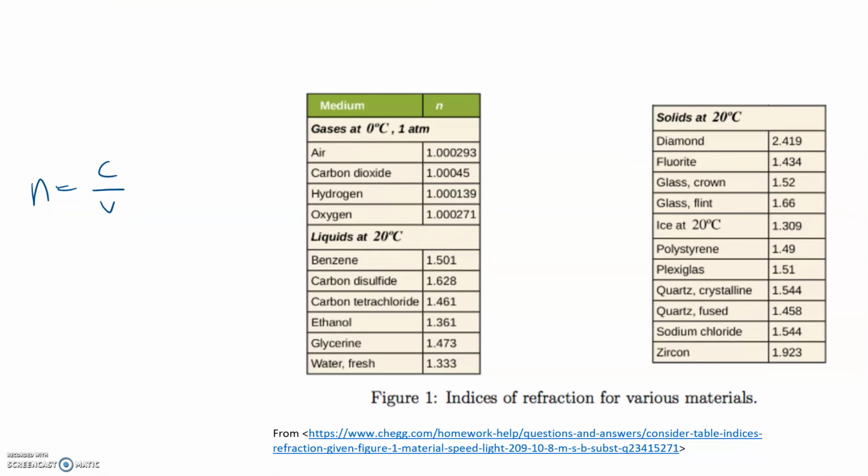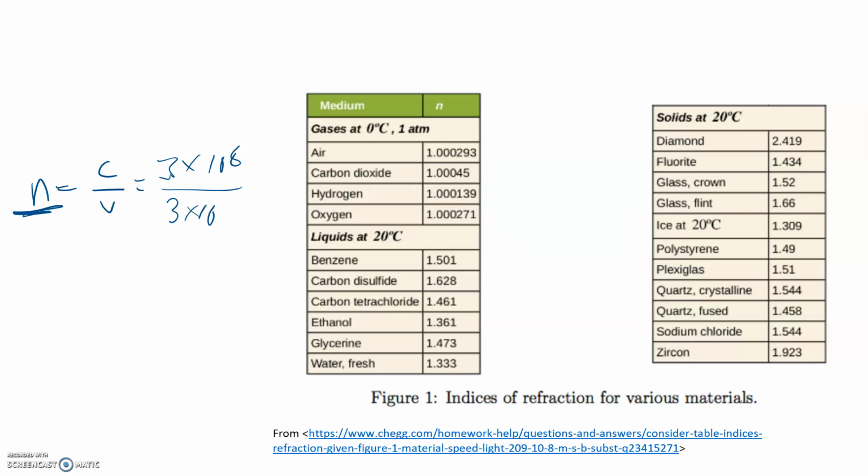N describes a constant that is put into Snell's law to allow us to calculate certain angles. N, the constant, is equal to the speed of light over the velocity of light in a given substance. The speed of light is 3 times 10 to the 8th over something. For example, let's look at air. Air doesn't really restrict it.